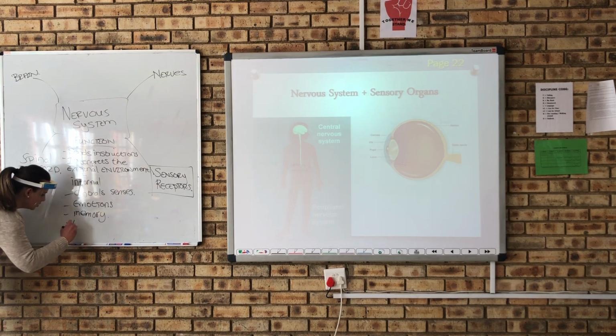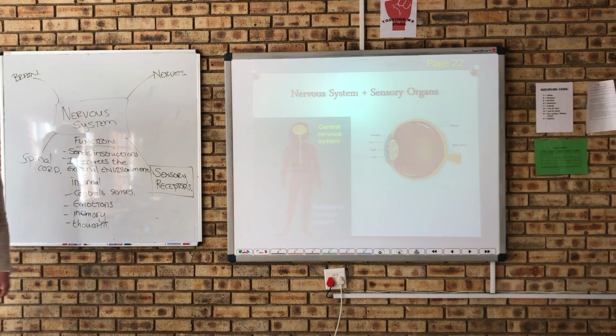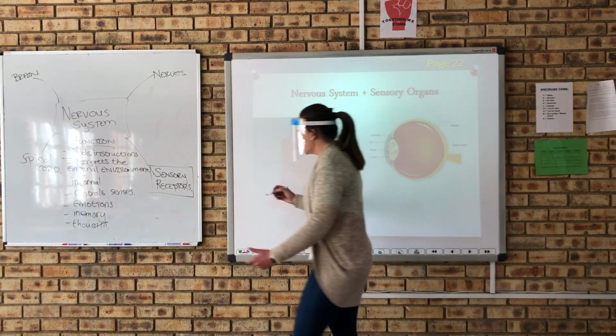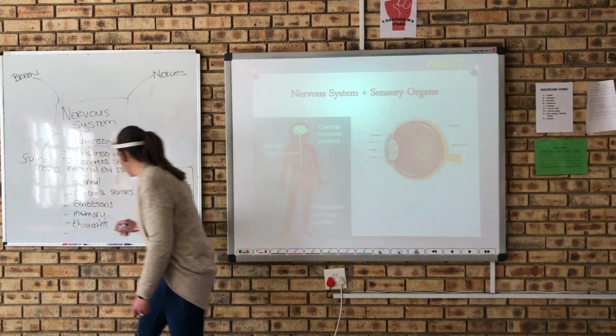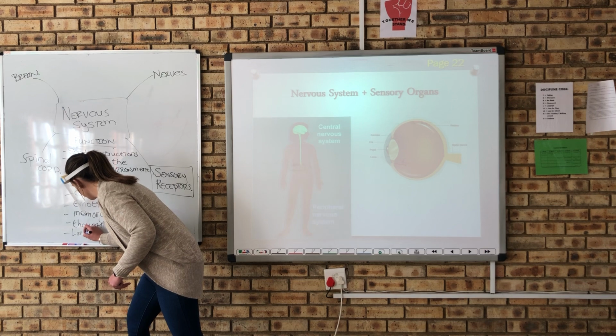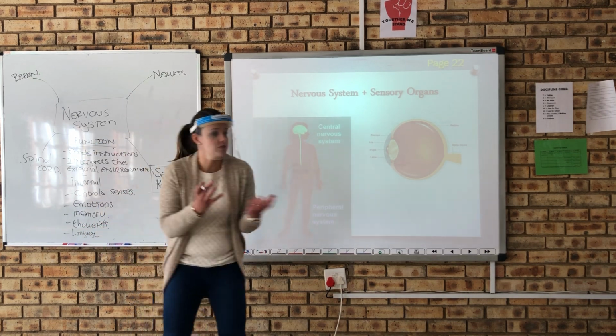Okay? Thoughts, beautiful. Oh, now we've got lots. Thoughts. Okay, what else? Okay, so let's say language. Language construction. There's 2 areas of the brain that are responsible for language construction.